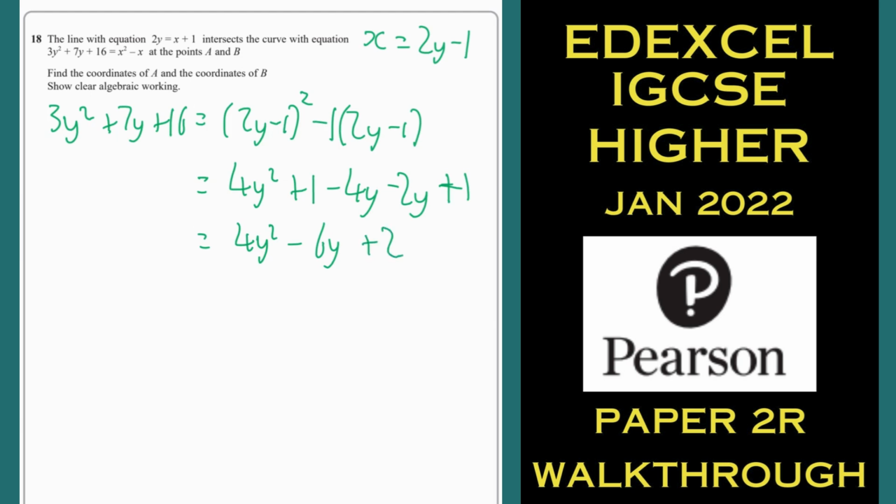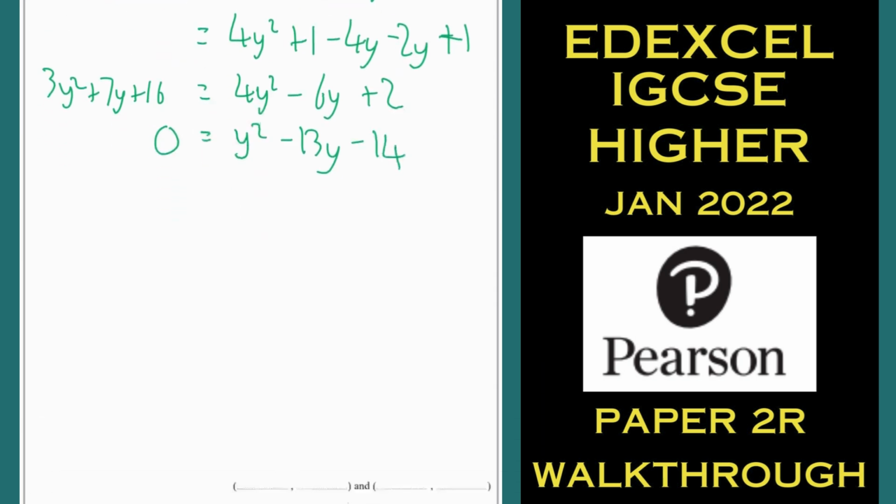So we end up with plus 2, and that equals the quadratic I couldn't be bothered writing on the second line. So we've got more y squareds on the right, so we'll get our y's to the right-hand side, subtracting 3y squared from both sides, minus 7y, and minus 16.